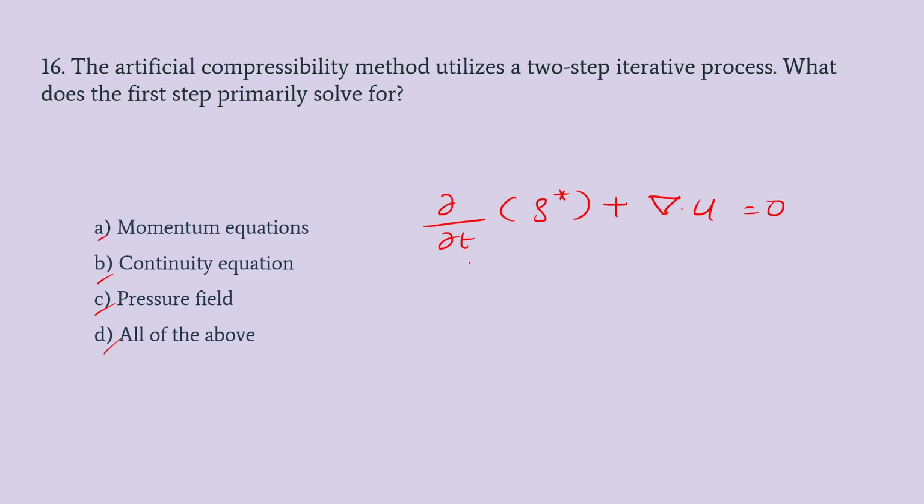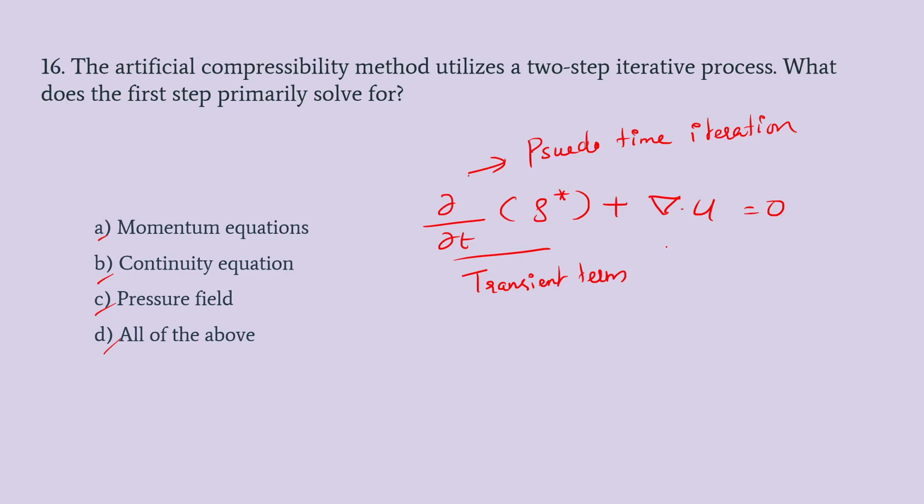This is a transient term, and what we have to do is iterate this transient term in a pseudo time iteration loop and march it towards a steady state.